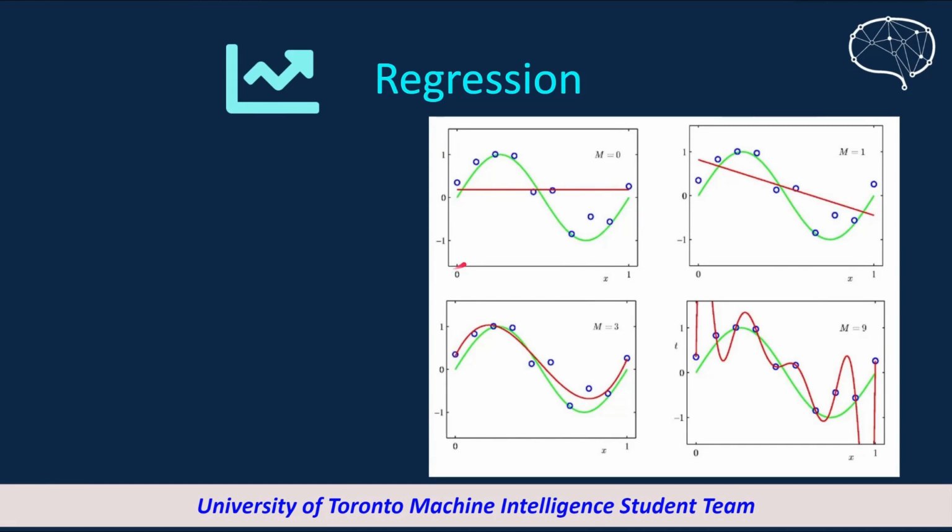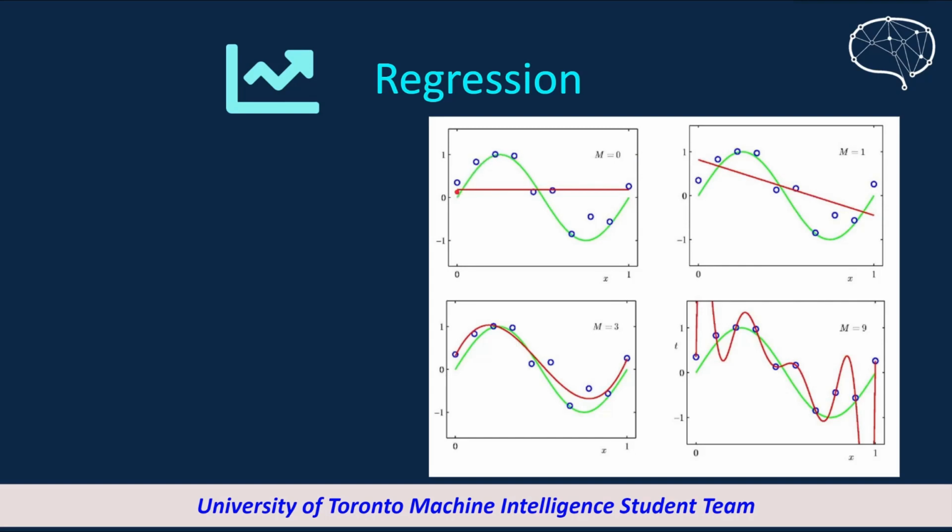Okay, so here are some possible fittings. The red lines are the possible fittings of polynomials of degree 0, 1, 3, and 9. And the green line, we can see as the ground truth.